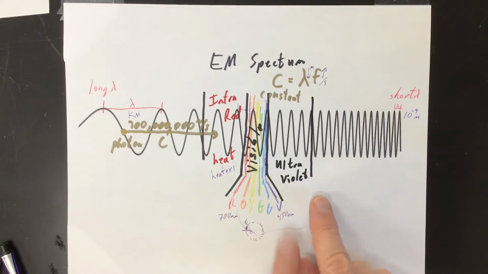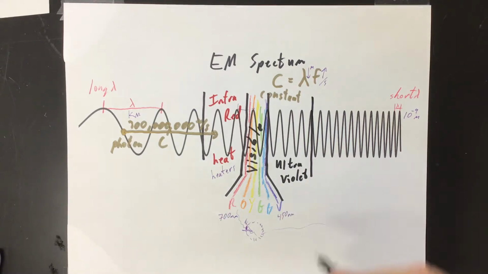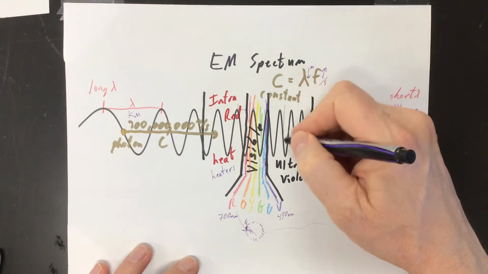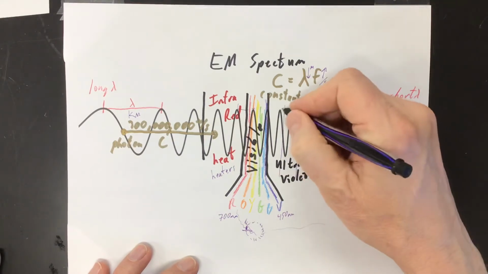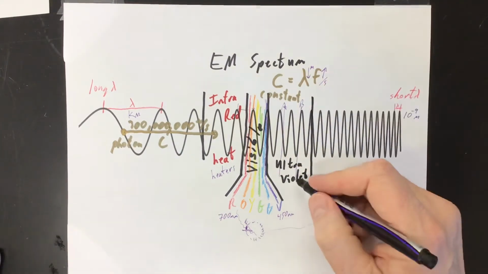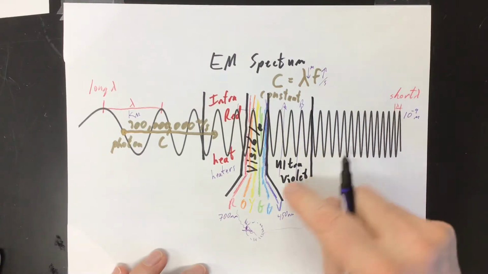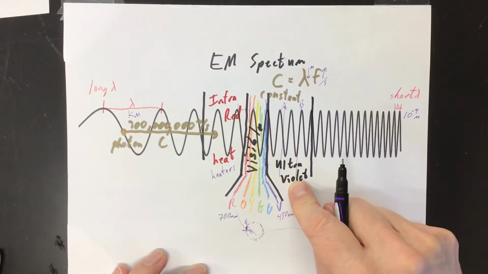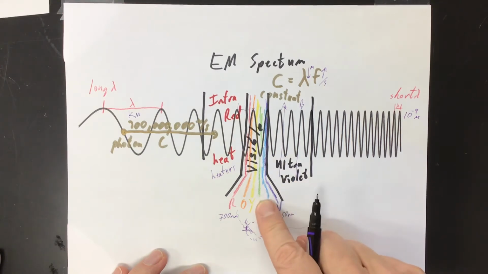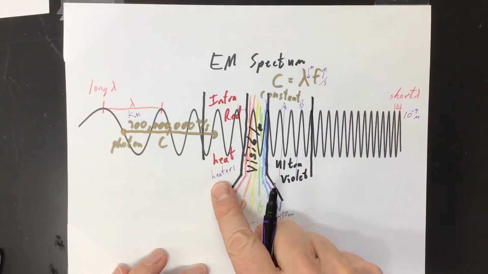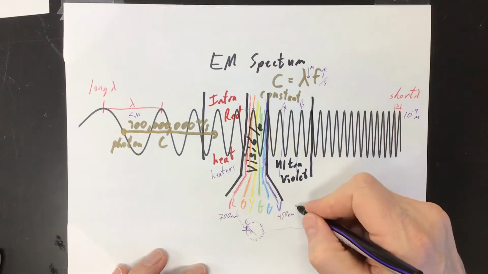You can't see ultraviolet, but your DNA certainly senses it. You know tanning beds have a couple of ranges, UVA and UVB. And hopefully you also know that getting too much sun is not good for you, and it's not because of all the visible light or all the heat. It's because of the ultraviolet.